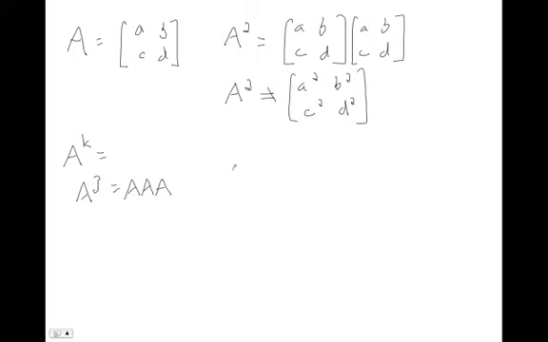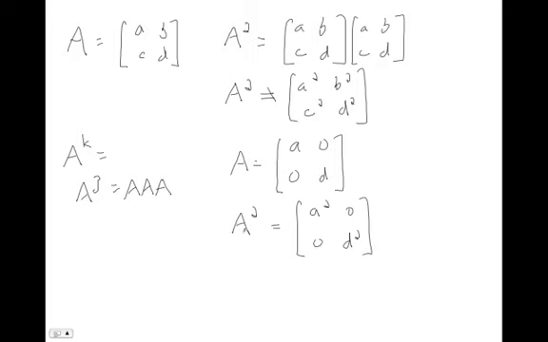It does turn out, though, that if A is equal to a diagonal matrix, so let's say there was a zero term here and here, so you just had A like this, then when you do all the term by term multiplication, you see that A squared does equal little a squared and little d squared. And it turns out that's actually true of not only diagonal matrices, but block diagonal matrices. So if A was equal to some little matrix A1 here and some other matrix A2 here, and they're all big zero matrices here, so we had some block diagonal matrix, and they don't even all have to be the same.